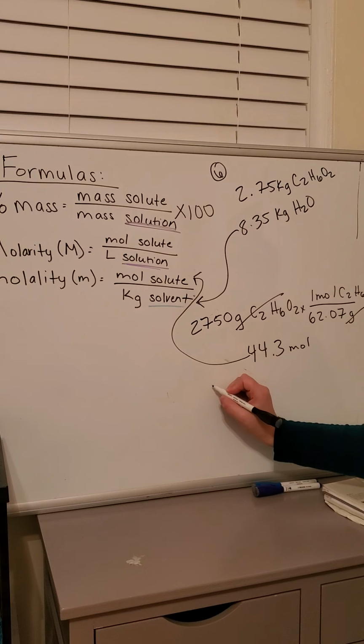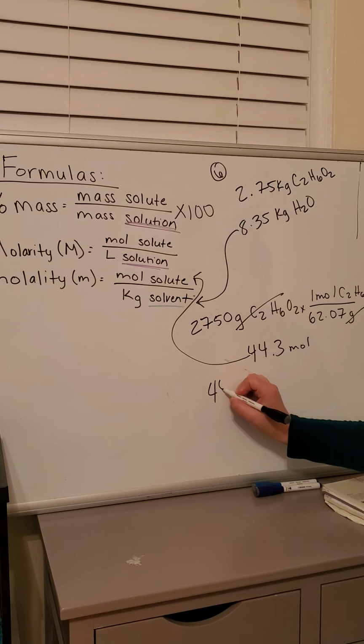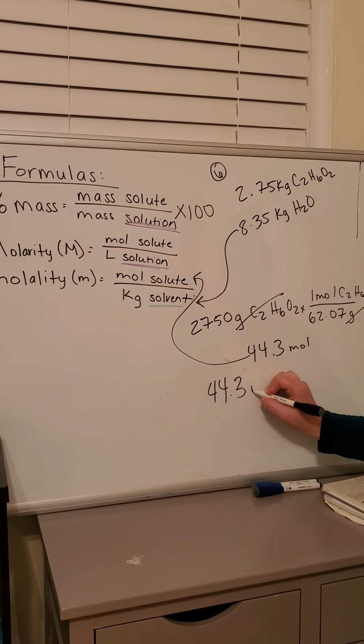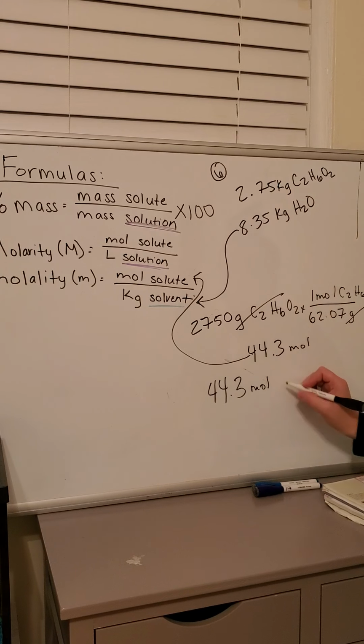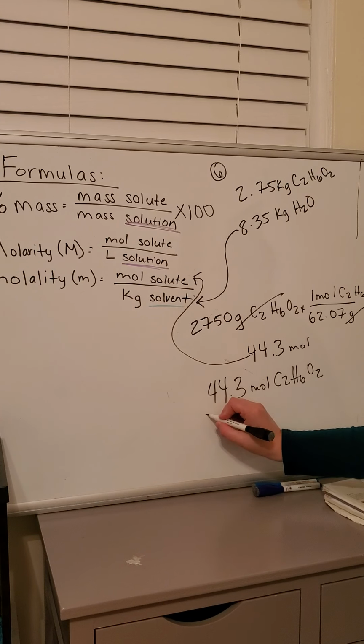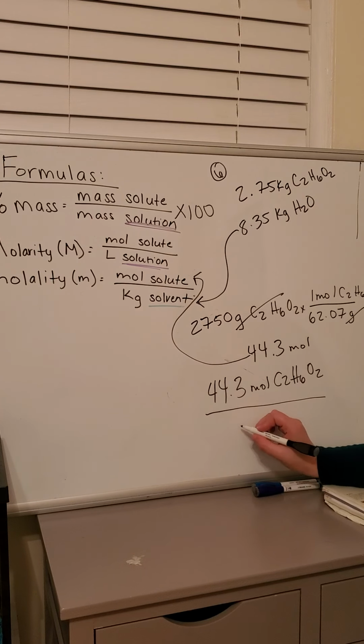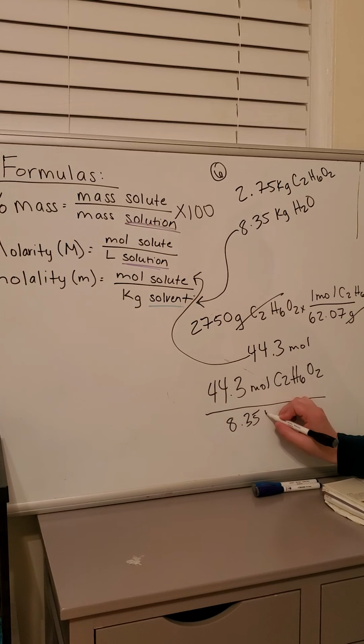So we have our moles of solute, 44.3 moles of C2H6O2, and that will be divided by 8.35 kilograms of H2O.